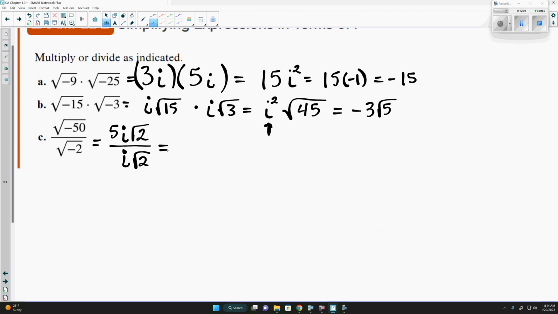We get i square root of 2. Anything divided by itself is 1. So this reduces to 5. Questions on this here? Not too bad.